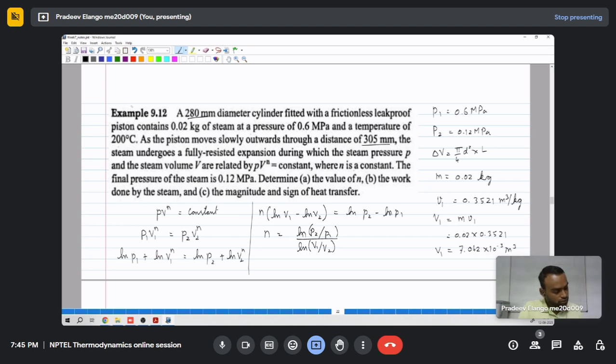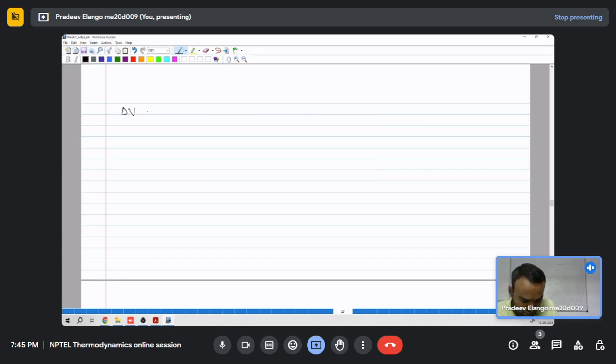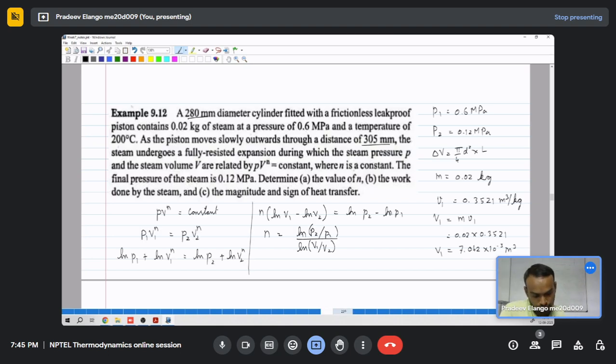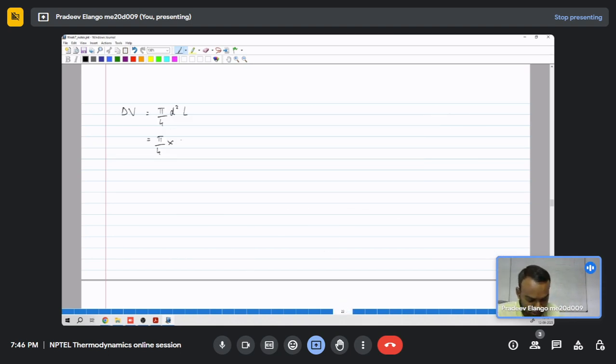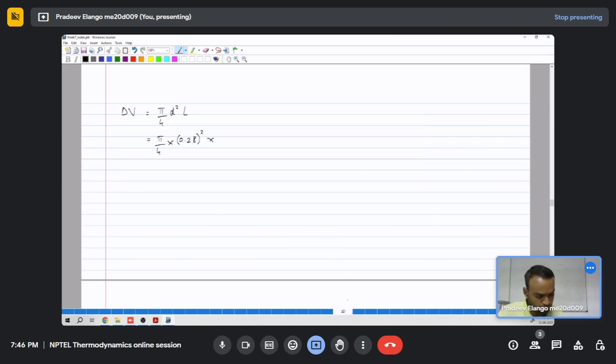Okay. Now delta V can be found. Delta V is pi by 4 d square into L. So this is pi by 4 into d, which is 280 mm, so 0.28, the whole square, into the length, given as 305 mm, so 0.305 in meters.